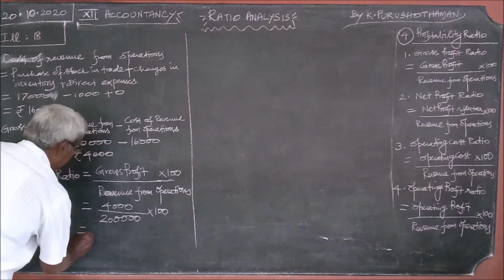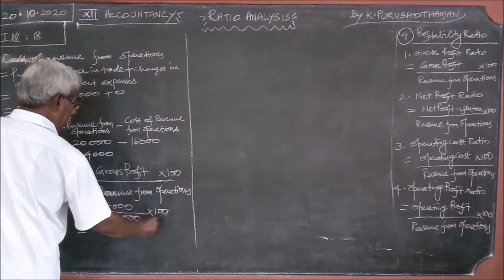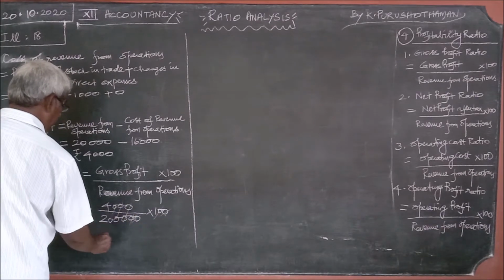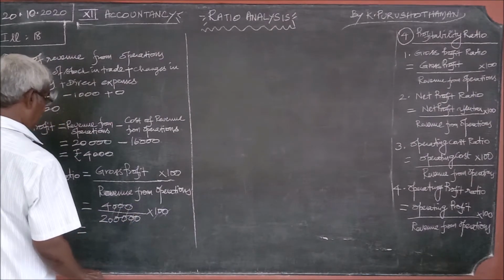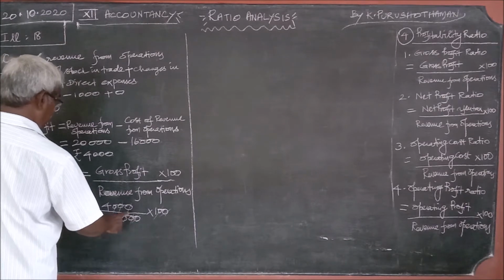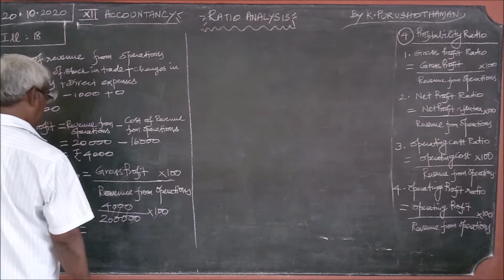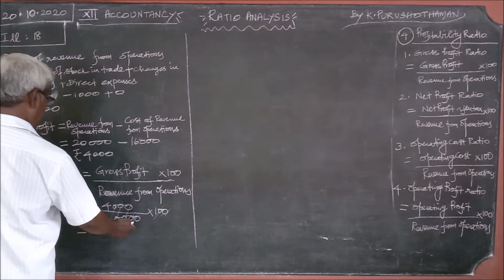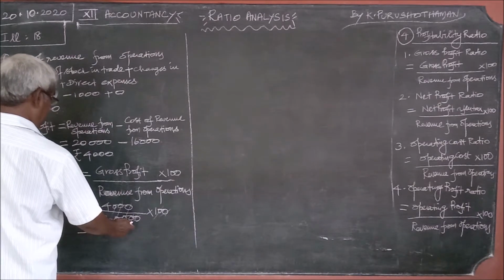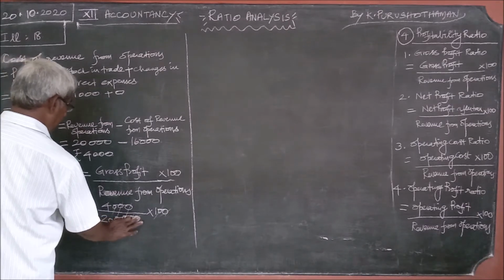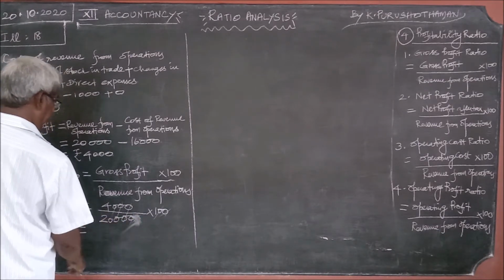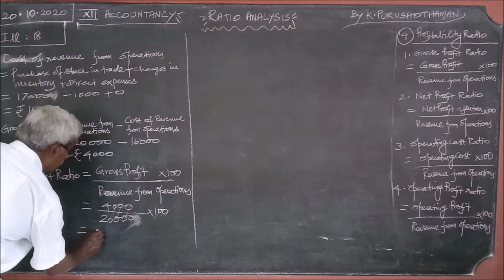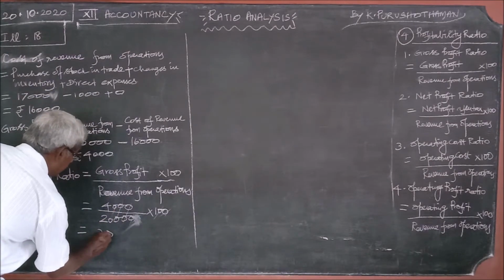We can cancel the zeros, 4,000 by 20,000 into 100. So the zeros cancel, 40 by 2, that is 20%.